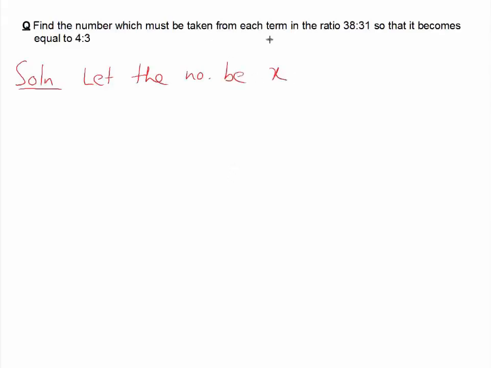So x must be taken from each term. Taken means subtracted. So 38, we subtract x from it, and then we subtract x from 31 as well. So this new ratio should become 4/3. So upon solving, you will get x as 10. So this is the final answer.